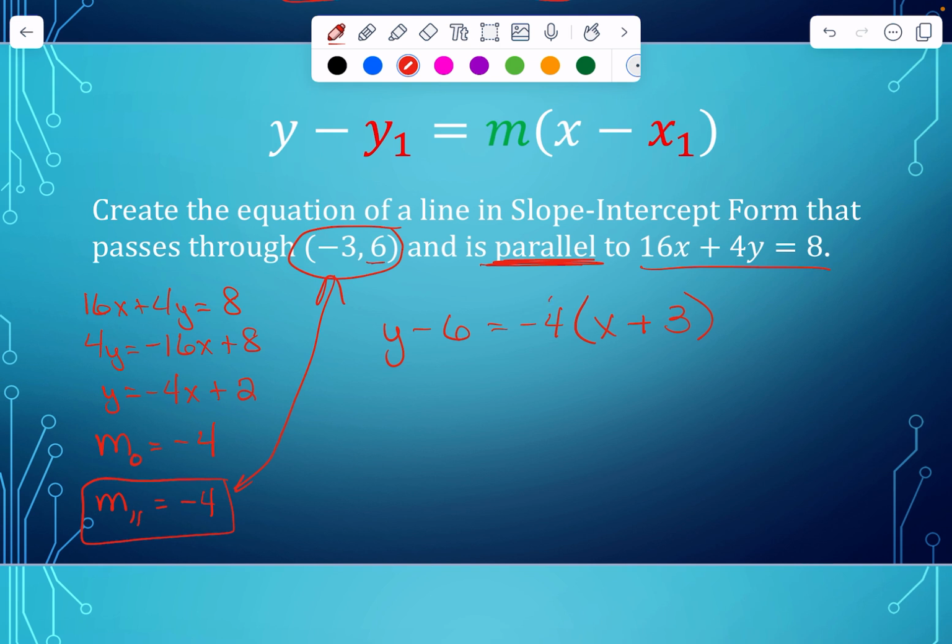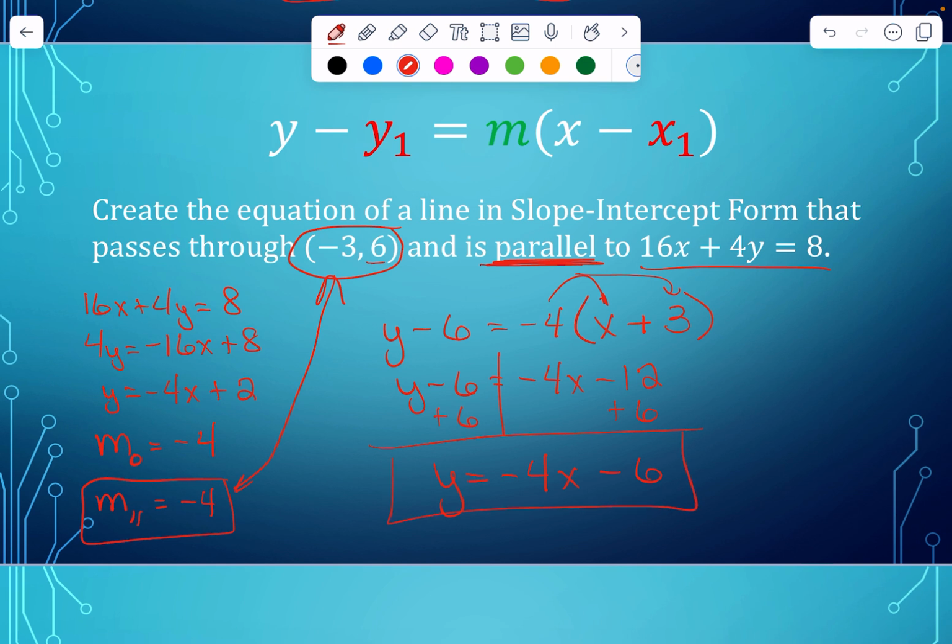Now we're going to distribute. So I have y minus 6 equals -4x minus 12. I'm going to add my 6 to both sides, and that's going to end up y equals negative 4x minus 6.